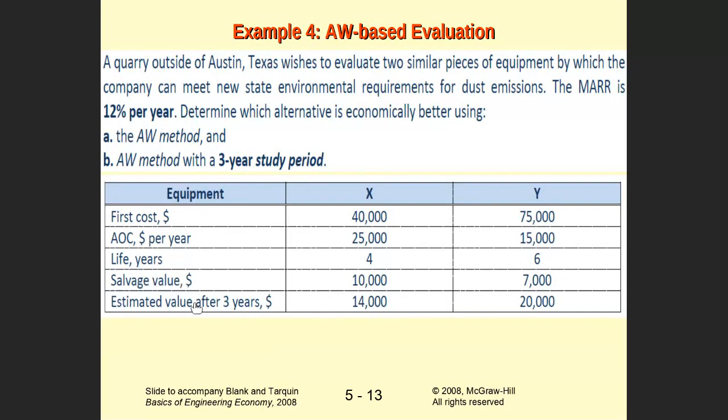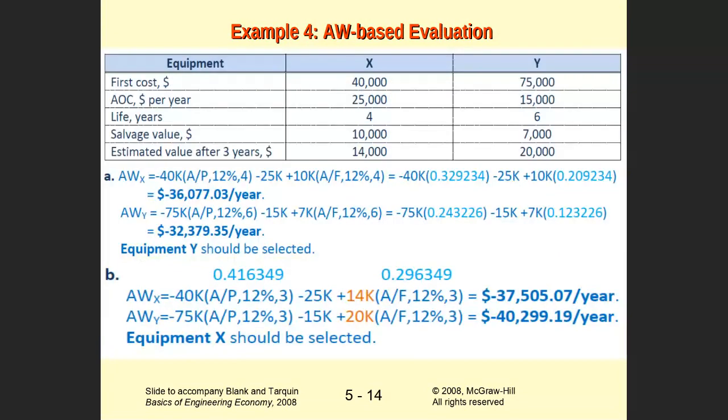This salvage value is only used if you are going to do the study period for 3 years. And that's why you see the 14,000 here used in part B, but the 10,000 was used for part A instead of the 14,000. This is just an explanation.